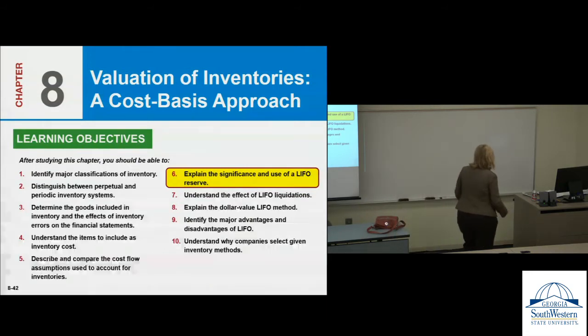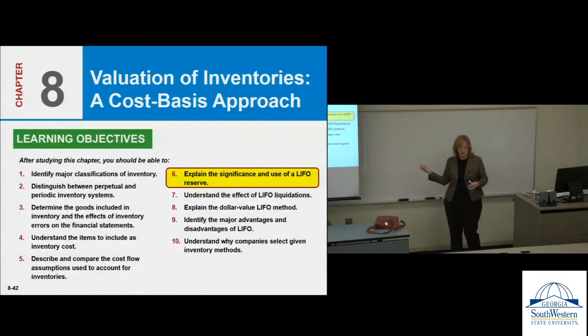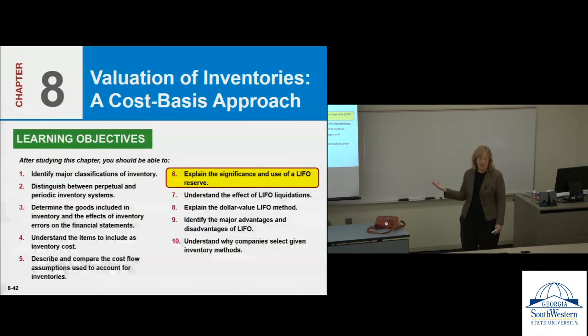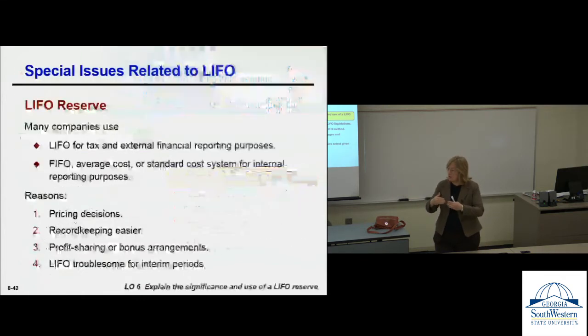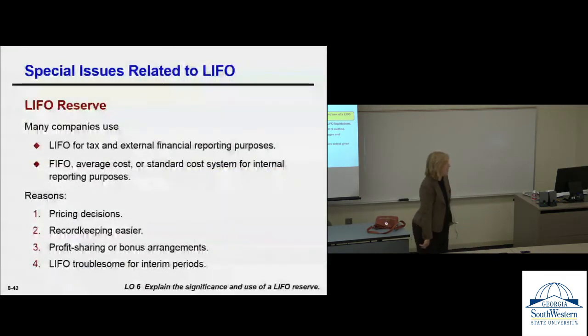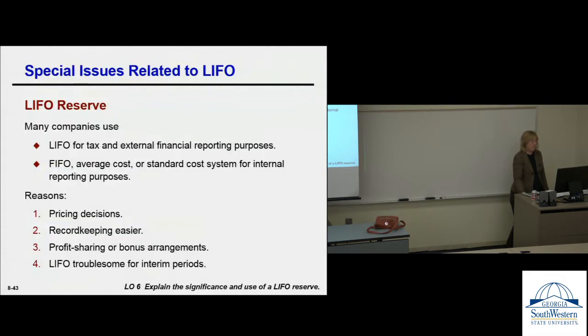Okay, so that's a very popular method. But you know how we talked about the spinach beforehand, remember that example, where now you're left with in your inventory the very old spinach. The things that are in inventory are the old things, right? And the things that go to cost of goods sold are the most recent things. So these are the pluses and minuses of LIFO.